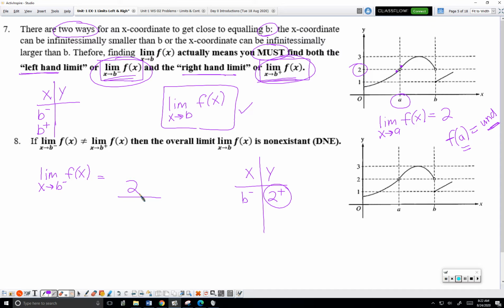They don't expect you to pick up your calculator and figure out that the limit is 1.57. They're going to have answers like 2, -5, maybe 1/2, but it'll be clean. So the answer to this is 2. The left-hand limit's value is 2.